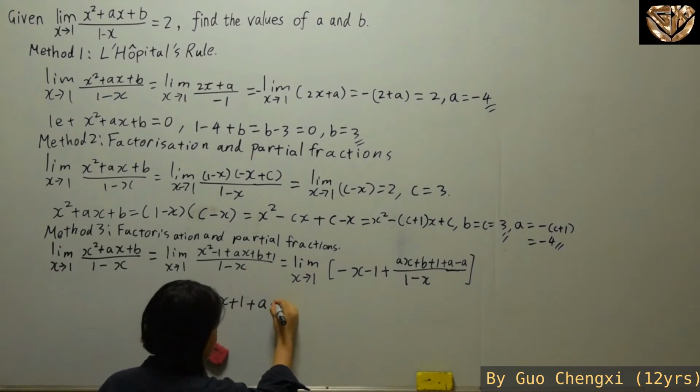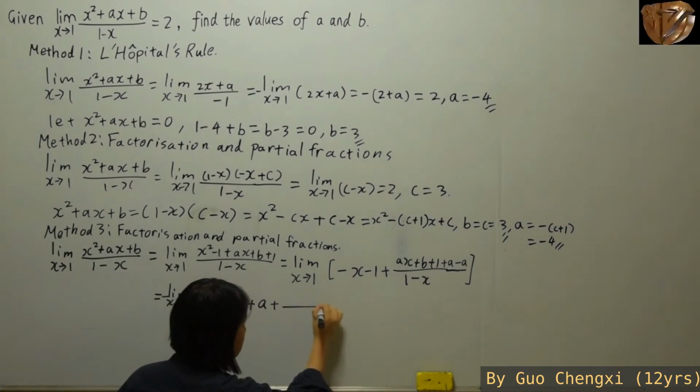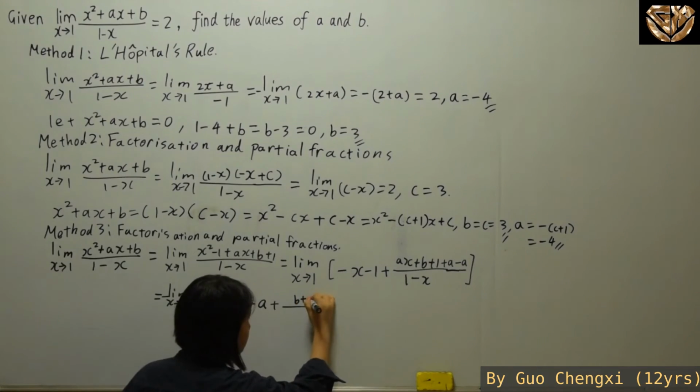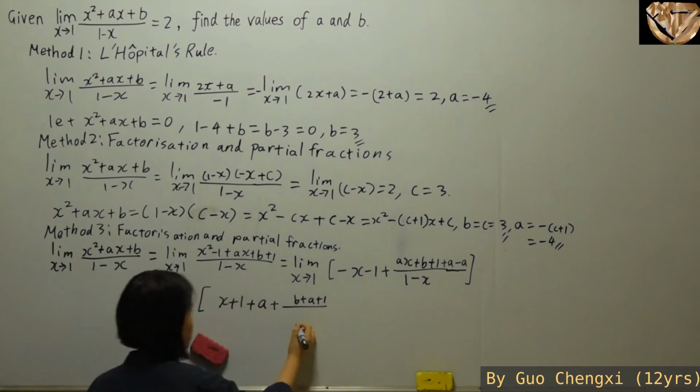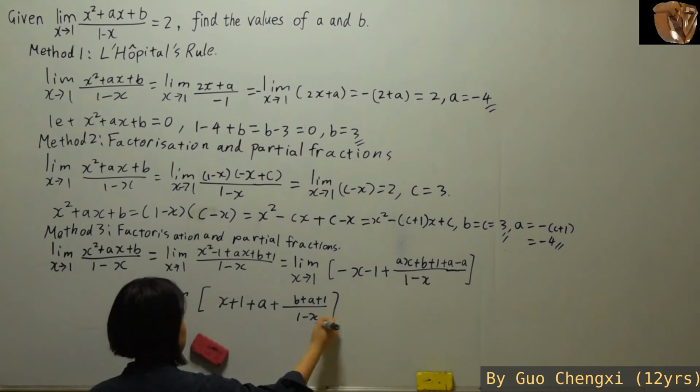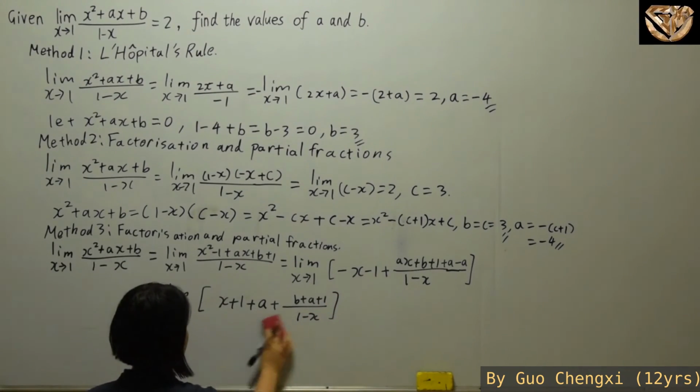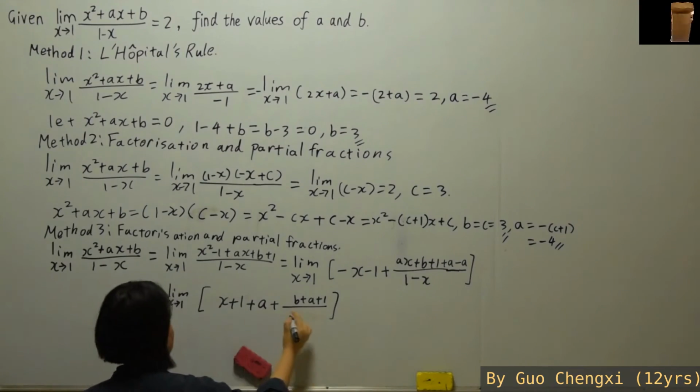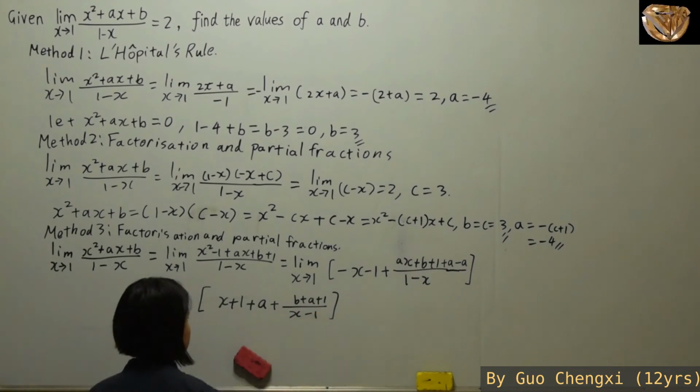Then here you have plus b plus a plus 1, then after that 1 minus x. Because of this negative, it becomes an x minus 1 instead.